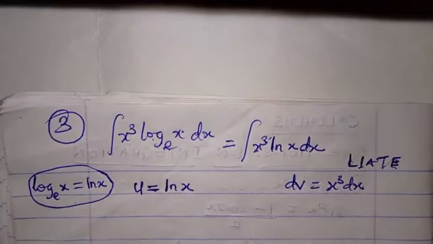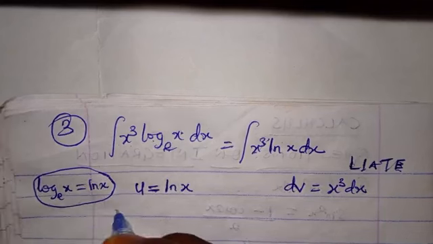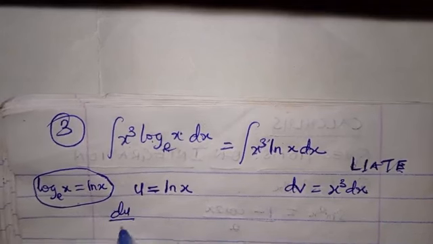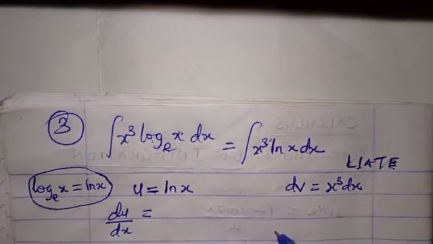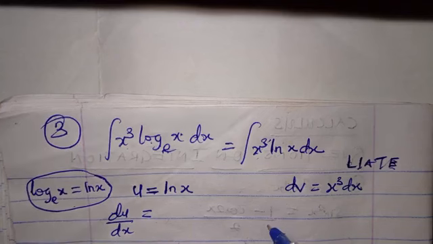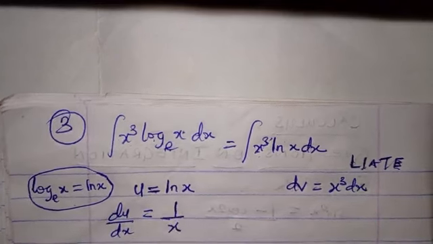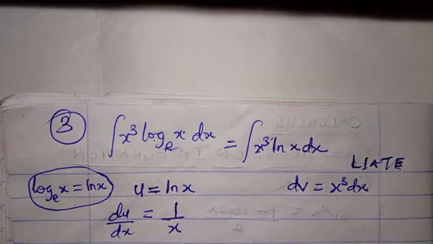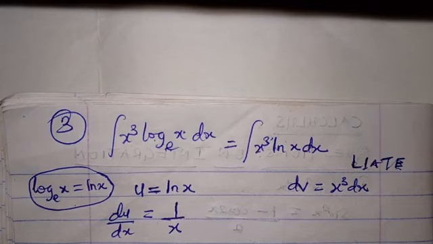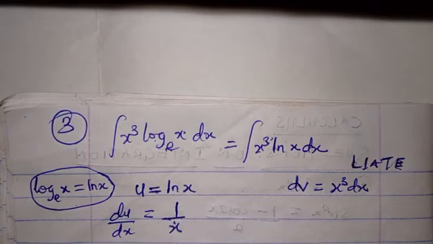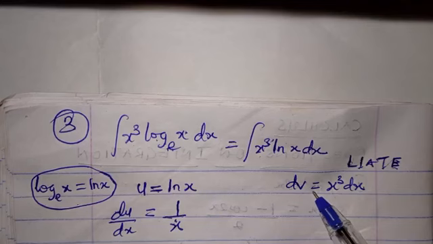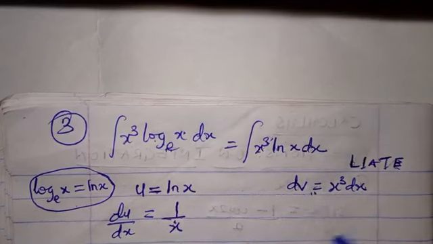I will differentiate u now with respect to x, that is du dx. Differentiating the natural logarithm function to obtain 1 over x is a standard derivative. If you differentiate ln x, you will obtain 1 over x. That is to say, the integral of 1 over x is ln x. To obtain v from here, we take the integral of both sides.